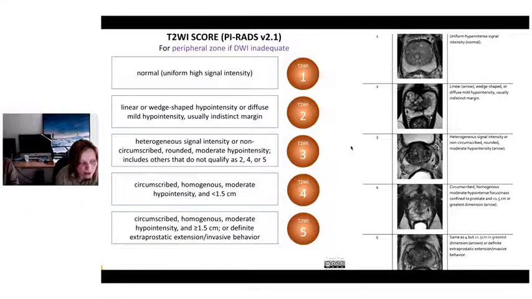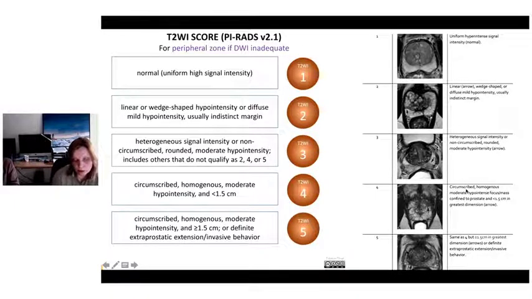Sometimes we have inadequate sequences. What do we do in those cases? We lean on the sequences that we have. Sometimes in the peripheral zone, we have artifacts from gas, or artifacts from a coxal prosthesis. Then we score on T2 images. Of course, if we see a clear nodule, smaller or bigger, it's 4 or 5, and sometimes it's really difficult to say if it's 3 or 2.